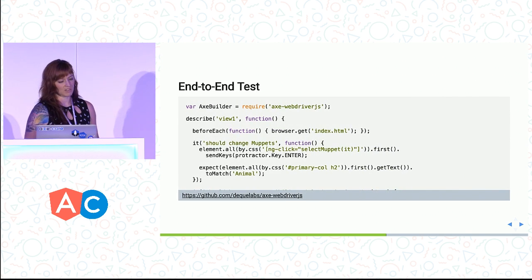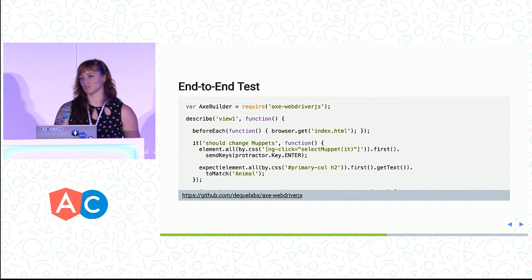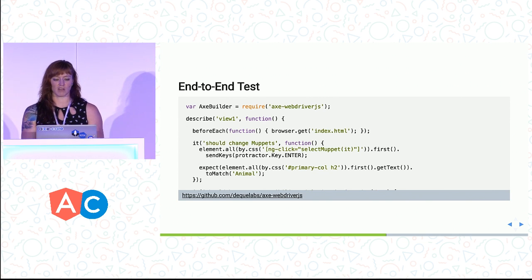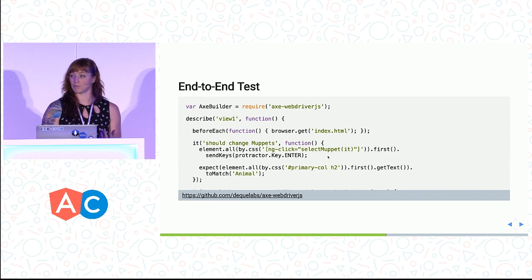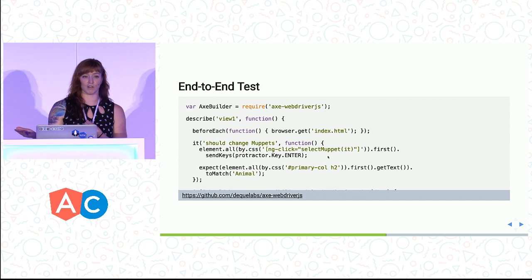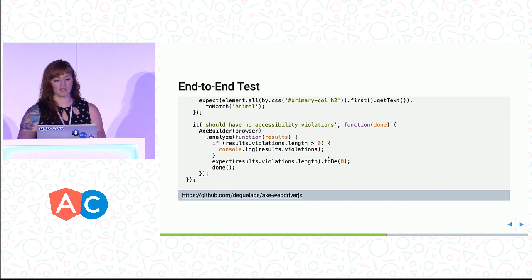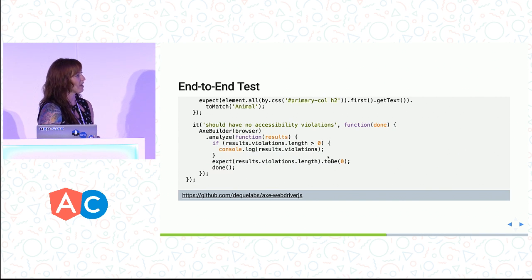The end-to-end test for this uses Axe WebDriver.js, which is a bit of a helper for Axe. It will inject Axe into the browser that you open with Selenium WebDriver, so you can programmatically script using your application, which is really powerful because that frees up a human from having to do that manually. In this integration test, I can pull in the Axe builder.